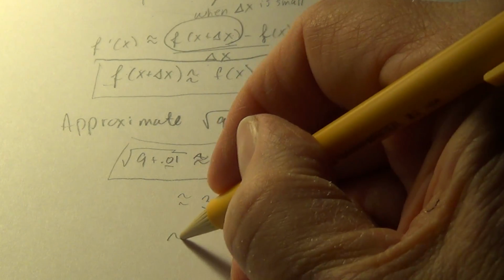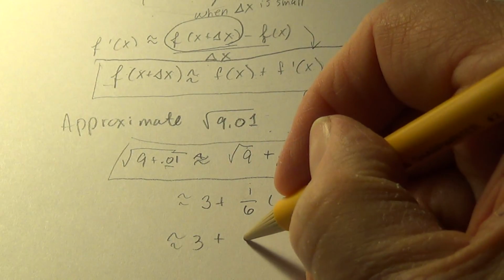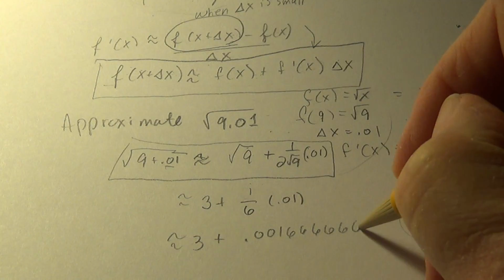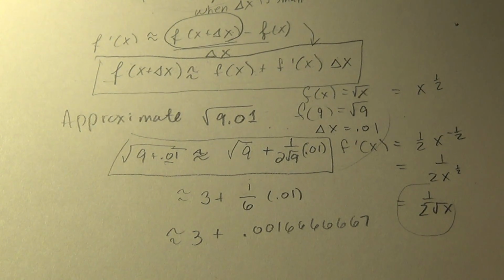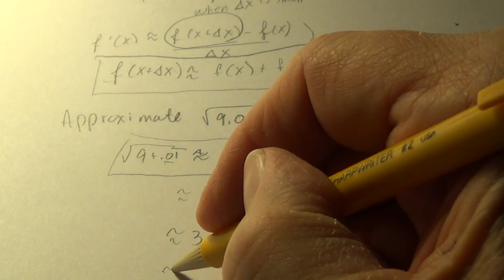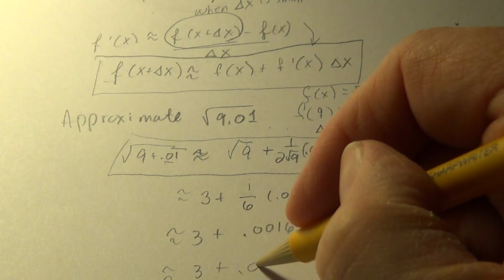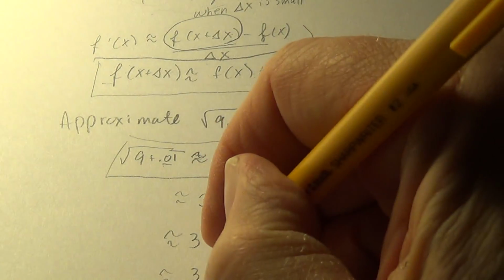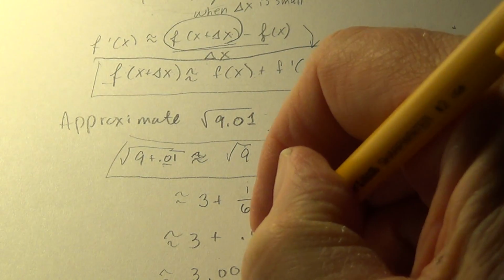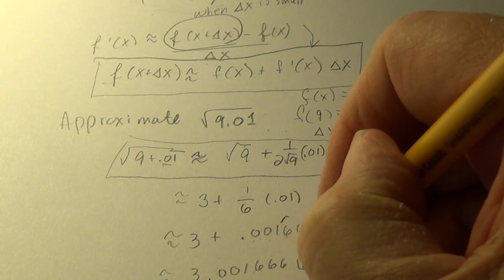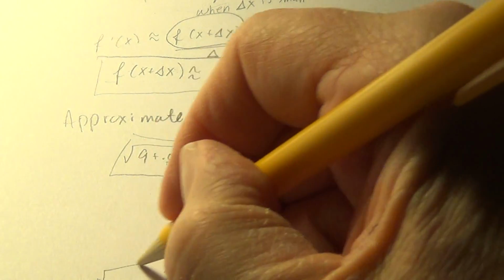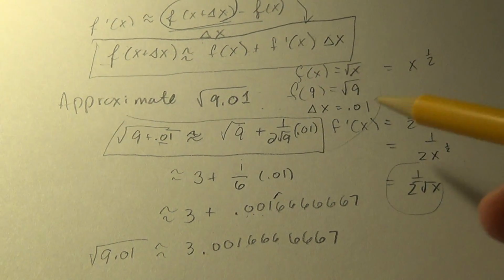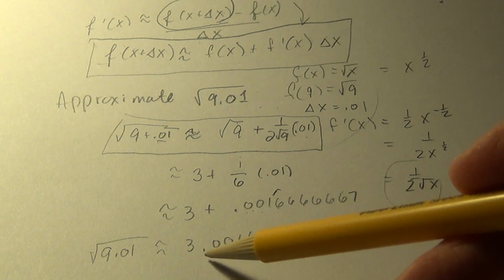I did use the calculator for that, and I got 0.001666667, and 3 plus that is 3.001666667. So the square root of 9.01, using this method, comes out to that.